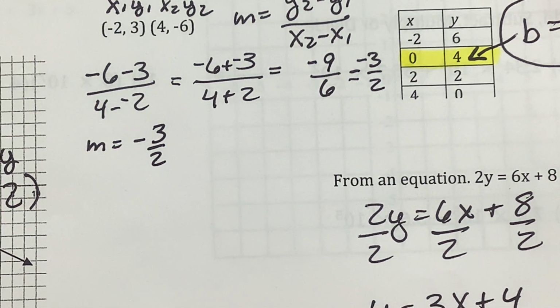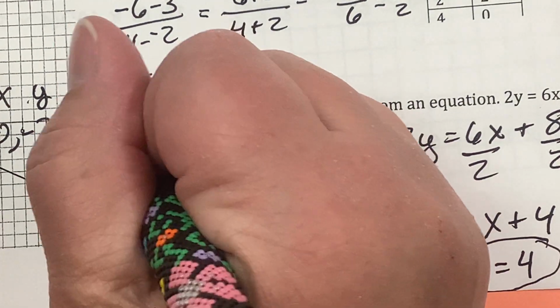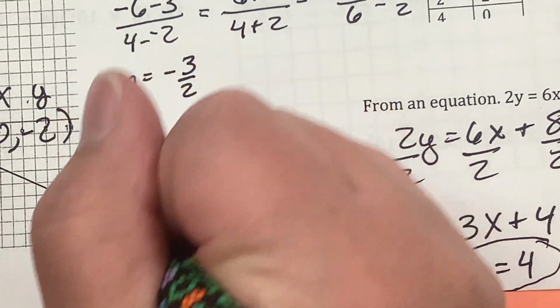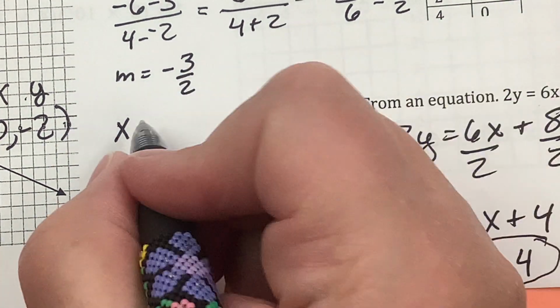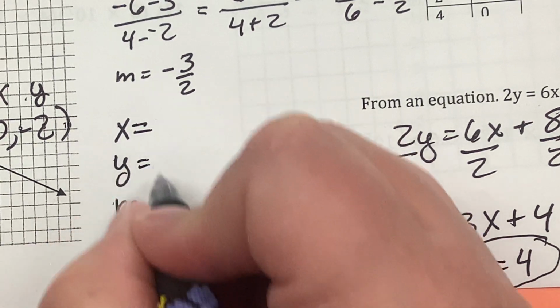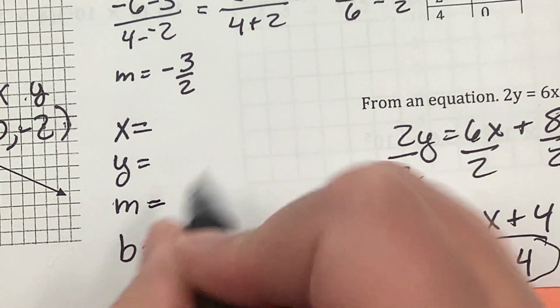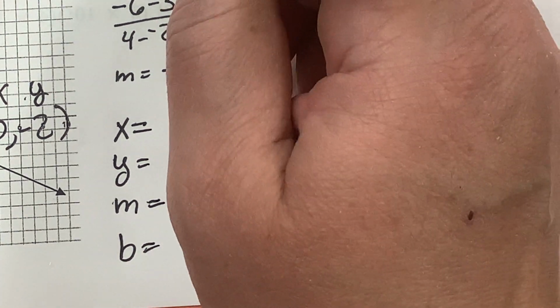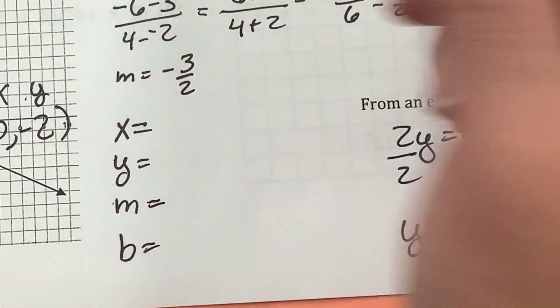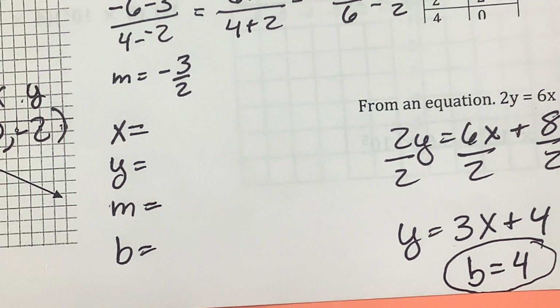And remember, when you're doing this, you need an x and a y and an m, and you're looking for b. So here, I have to find an x and a y, an m and a b. What am I going to use? I always like to use this second one. It doesn't matter, but it's just my habit.